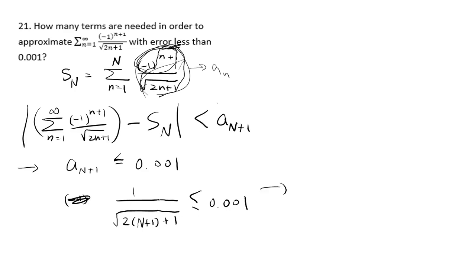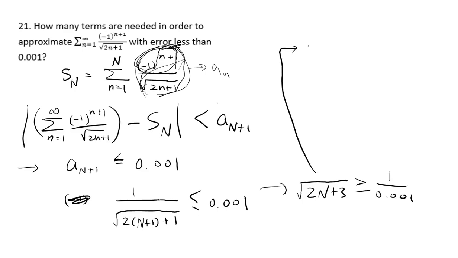Now, if we take the reciprocal of both sides, this is 2N plus 2 plus 1, so it's 2N plus 3, and you get 1 over 0.001, which is 1,000. When you take the reciprocal of both sides, the inequality flips. So we have the square root of 2N plus 3 greater than or equal to 1,000.